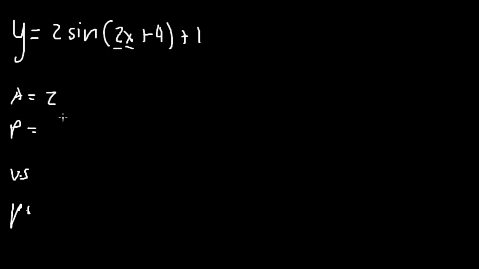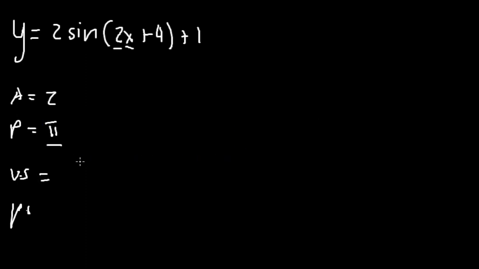So, let's just substitute 2 pi over b. It will now be 2 pi over 2. And our period now will be pi. Kasi makakancel lang naman yan dalawa. Yan. So, pi. Ayan ang ating magiging period.